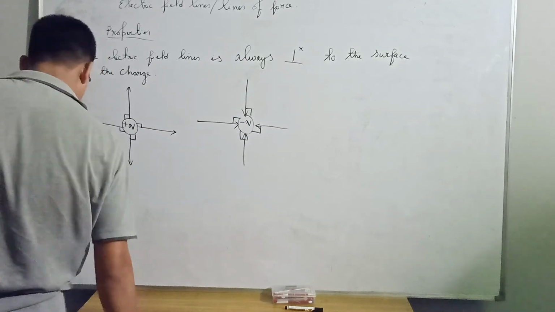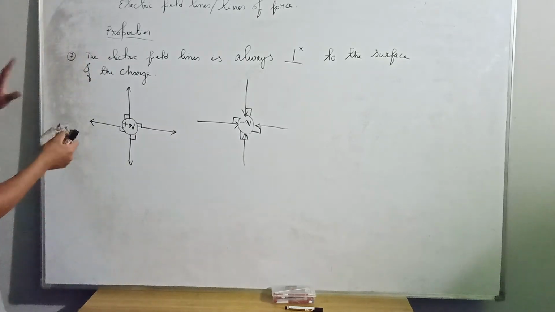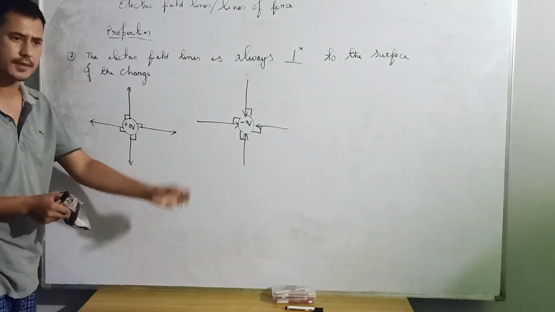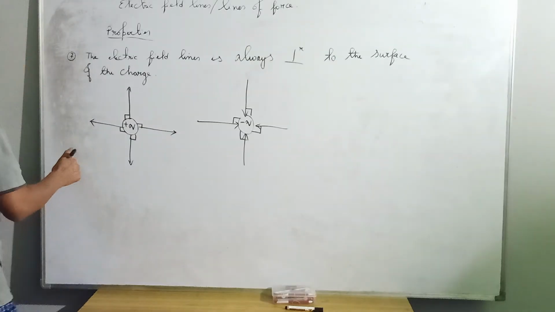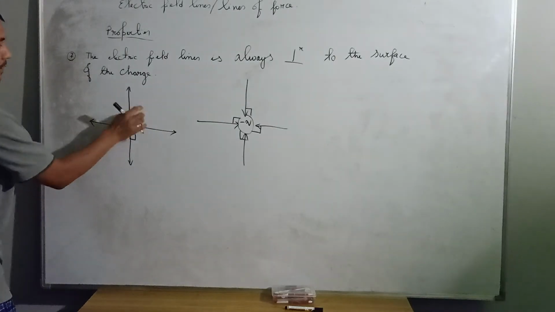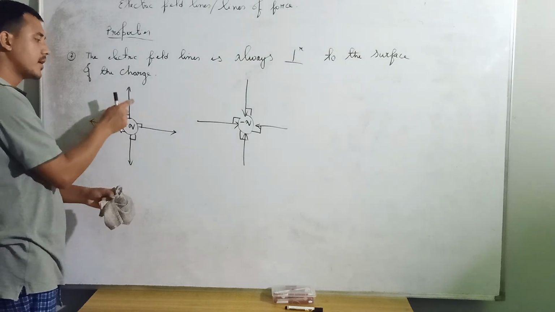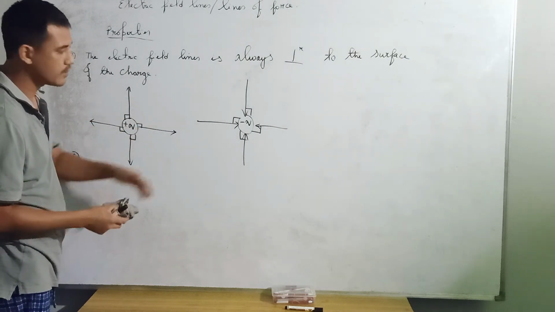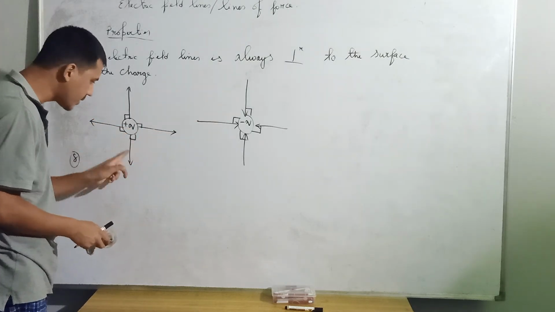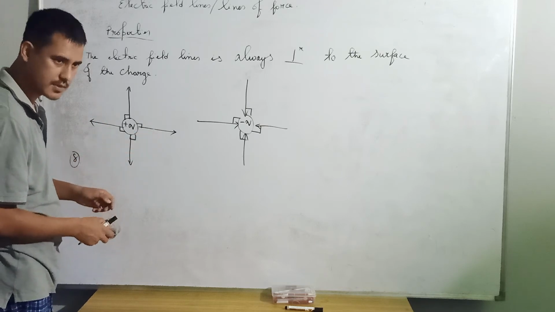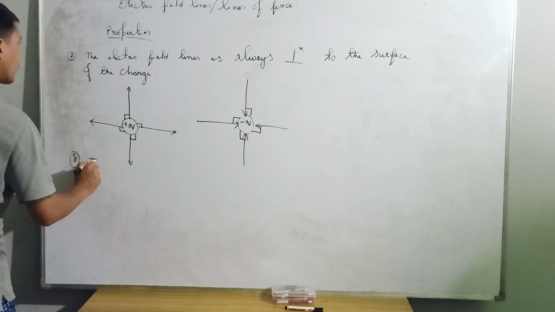The eighth property would be, two electric field lines will never intersect each other. Two field lines that are being generated by a charge can never intersect each other. Is it okay? Yes.